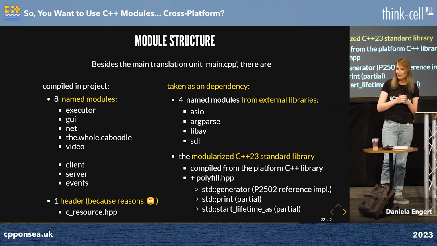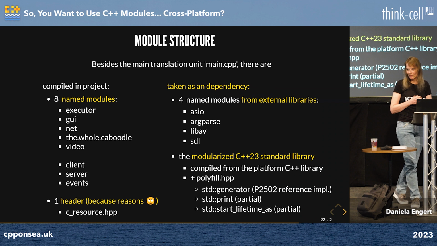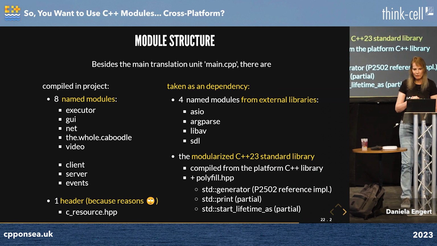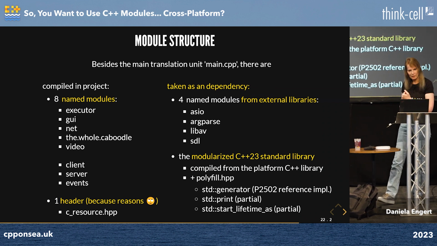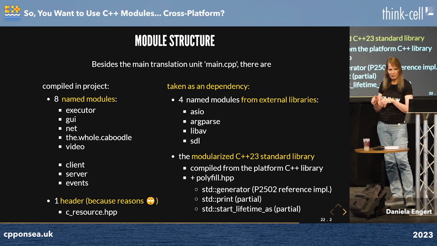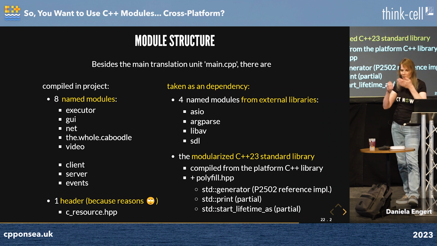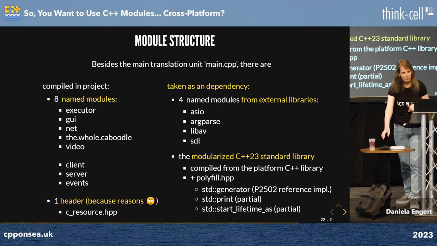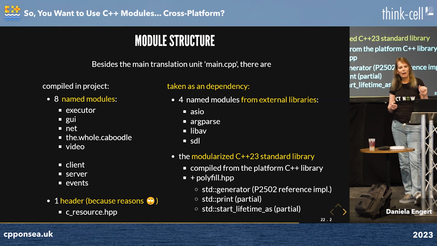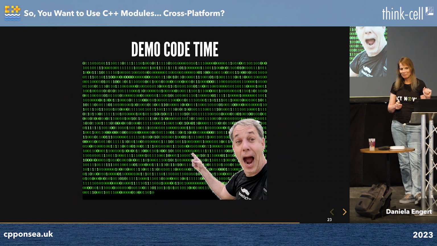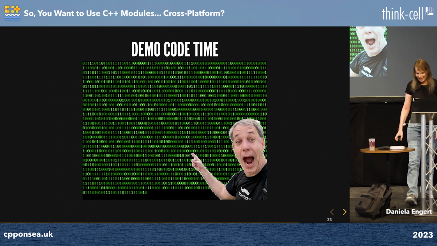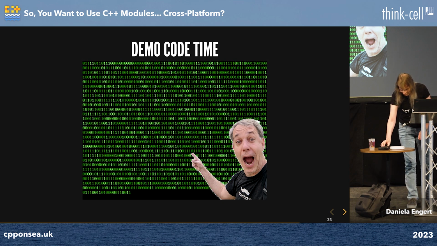It has a very good and complete implementation of generators. I am supplying a partial implementation of std::print and also std::start_lifetime_as. These are library functions that are required in the demo code. The reason why, watch my keynotes from last year. And with that, let's try to compile it.